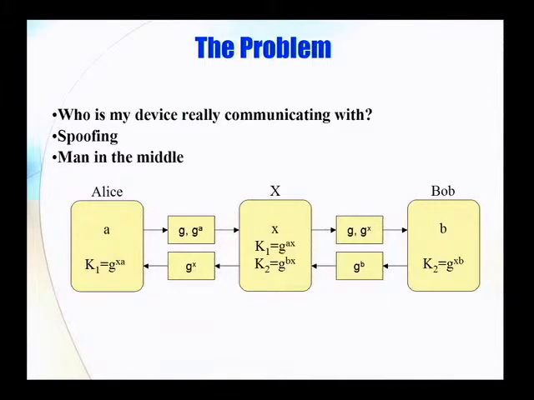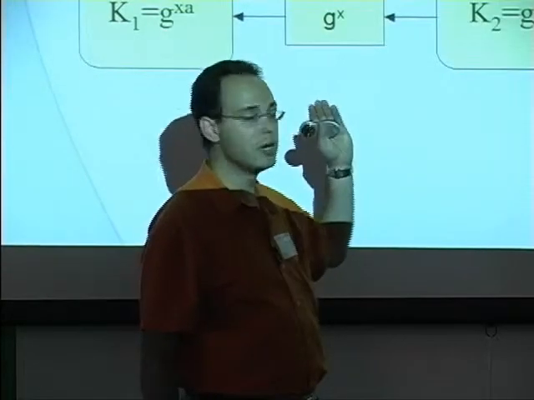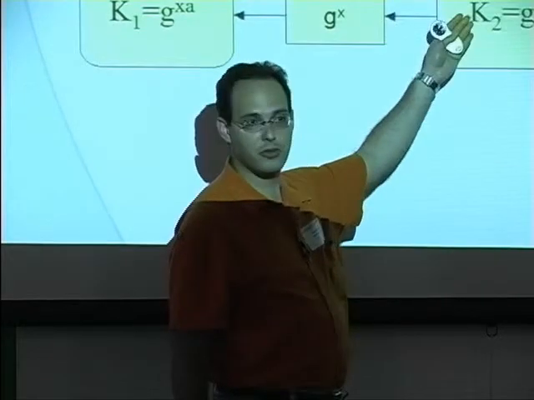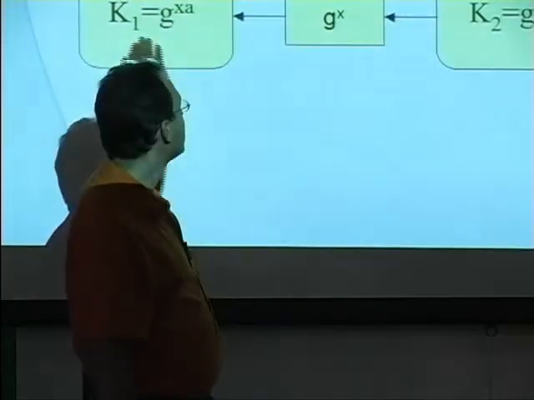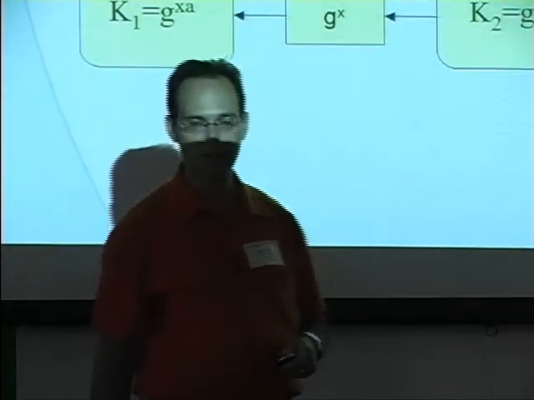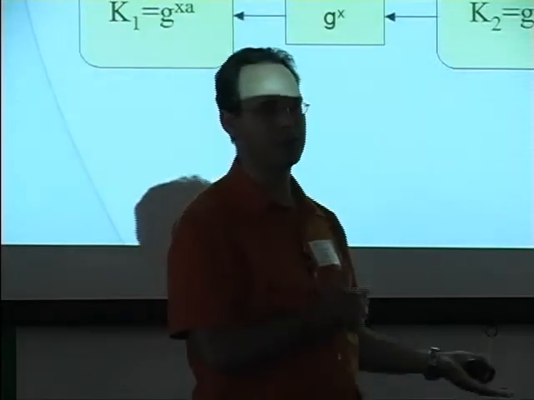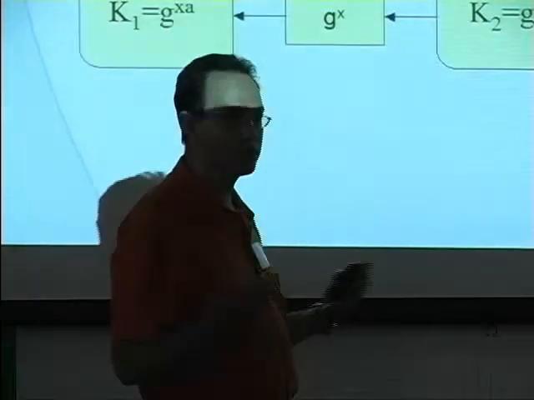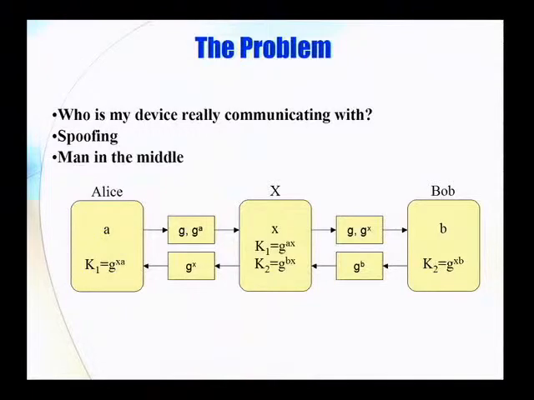And at the end of the day, they each end up with an encryption key, but as it turns out, the encryption key is not the same for Alice and Bob. Now, the attacker knows both, so any content that is sent by Alice to Bob, it decrypts and then encrypts with the other key, so it goes completely undetected.